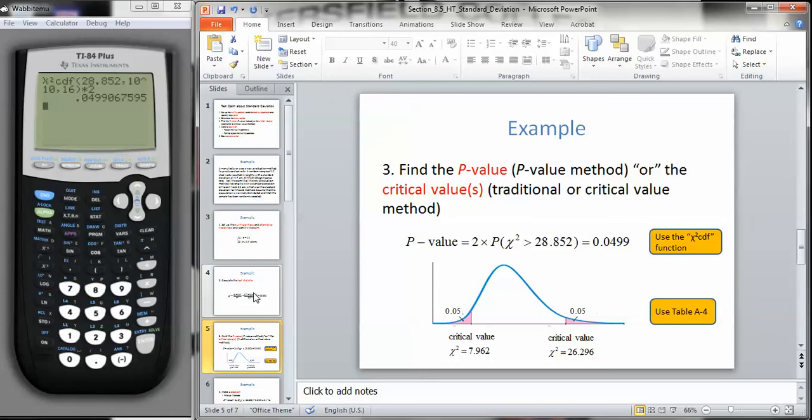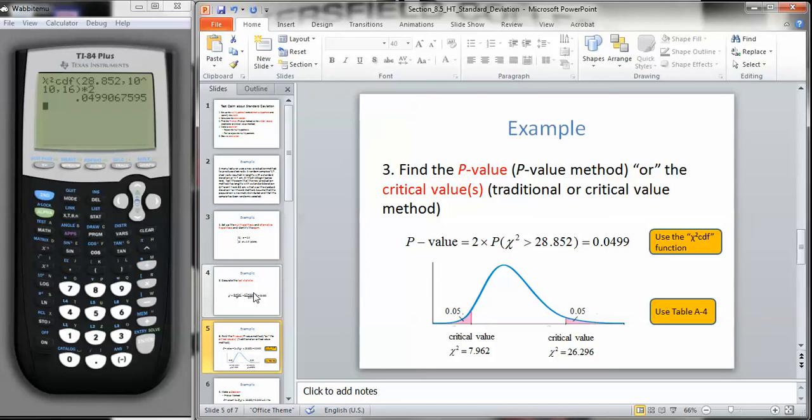In table A4, the right side has area to the right with small probability like 0.1, 0.05, and so forth, and the left portion of the table has area to the right like 0.99, 0.9. In this case, it's quite obvious that it's closer to the right portion of the table. So your right tail area is the probability that chi-square is greater than 28.852. Okay, so that's our p-value.